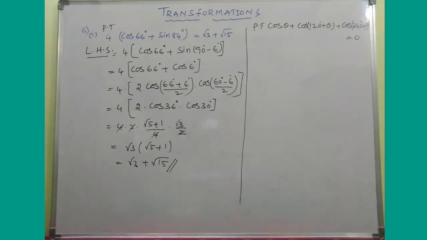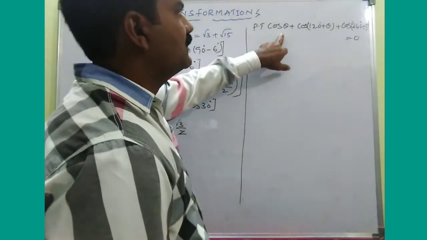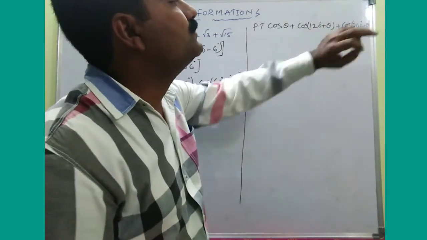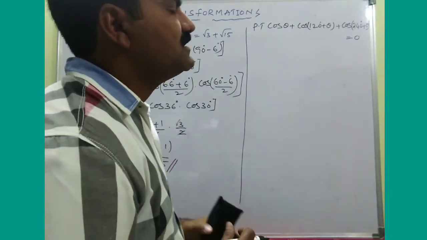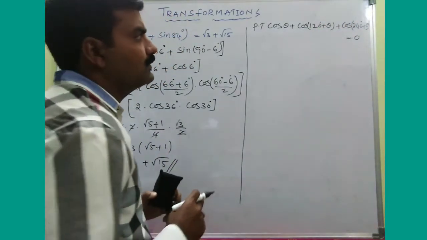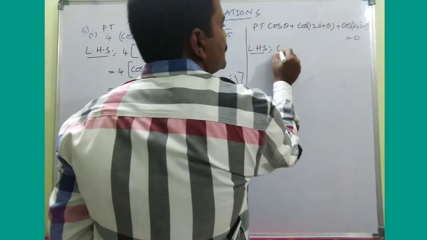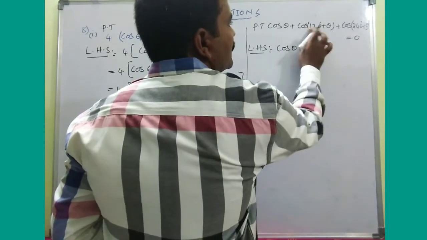Coming to task 2, first question, prove that cos theta plus cos 120 degrees plus theta plus cos 240 degrees plus theta is equal to 0. So coming to LHS, cos theta plus, let us expand the cos of a plus b.